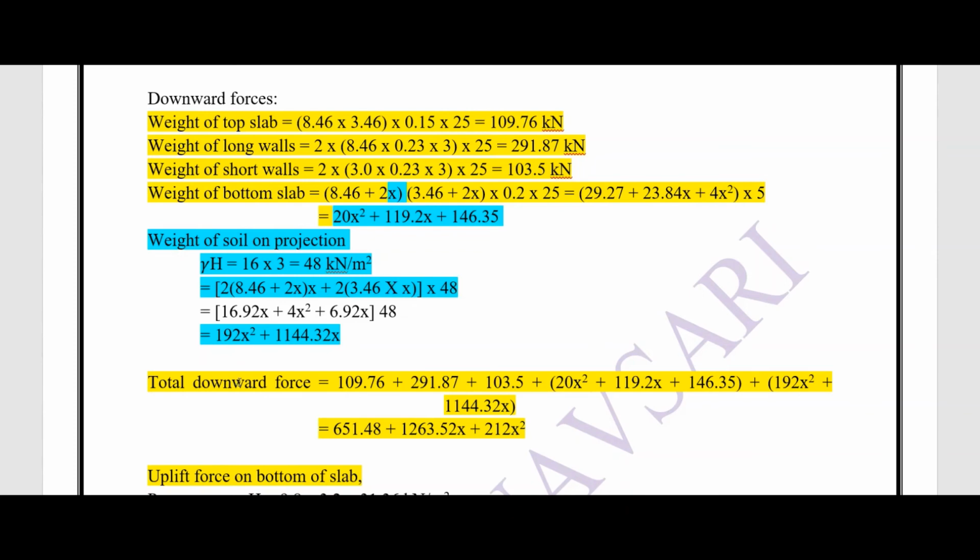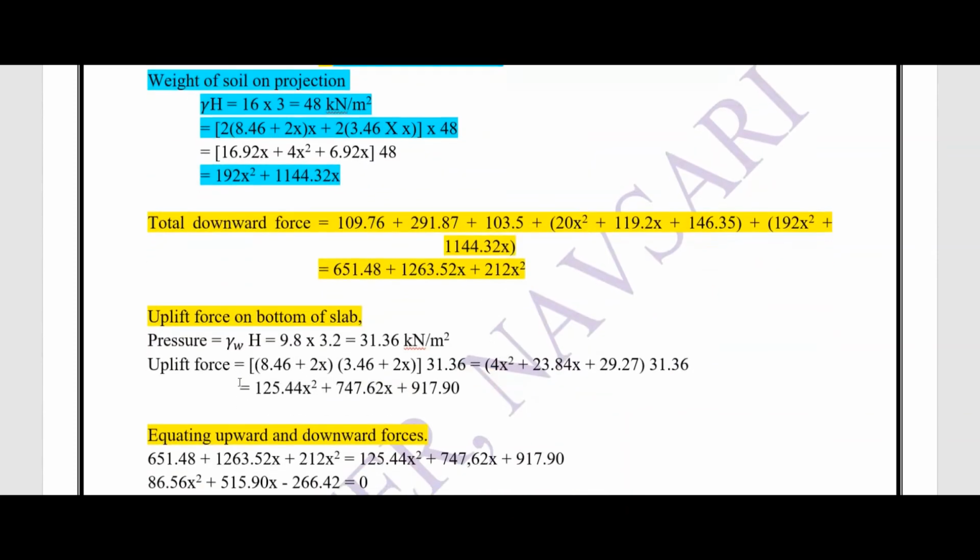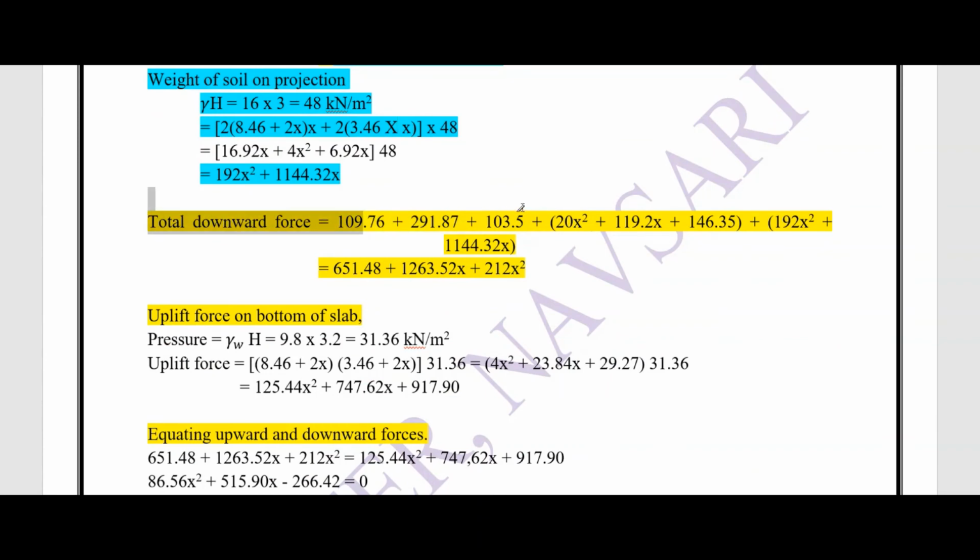Now the total downward force, if we put all values in the x form, is 651.48 plus 1263.52x plus 212x square.